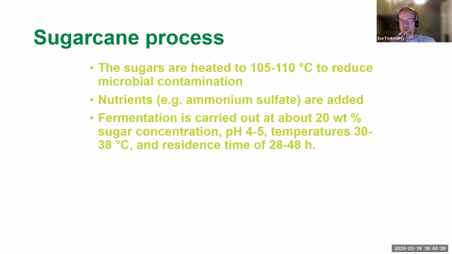So once you heat the mixture, you kill the additional microbes, and the idea is that there is no competition between different microbes and the yeast can happily work and produce the ethanol.